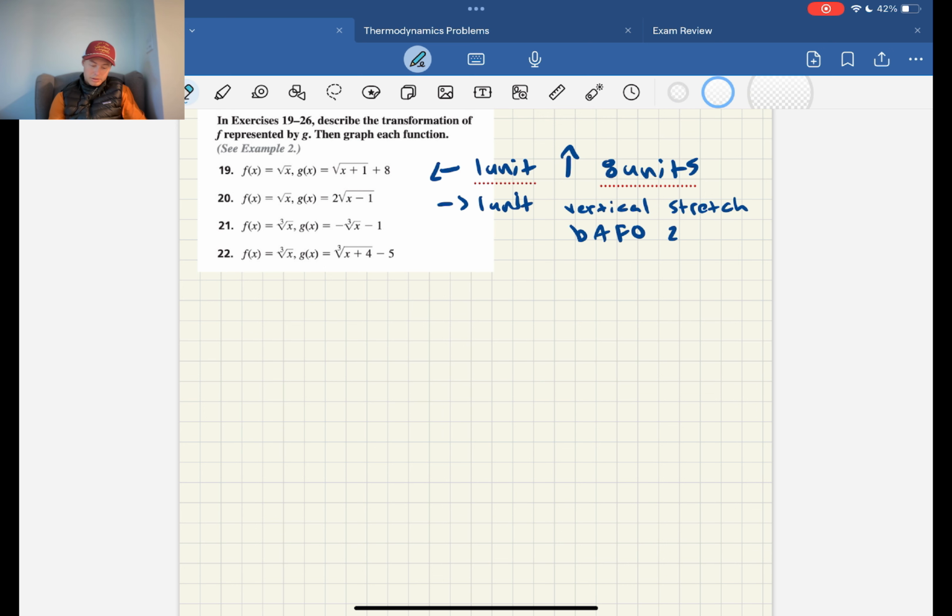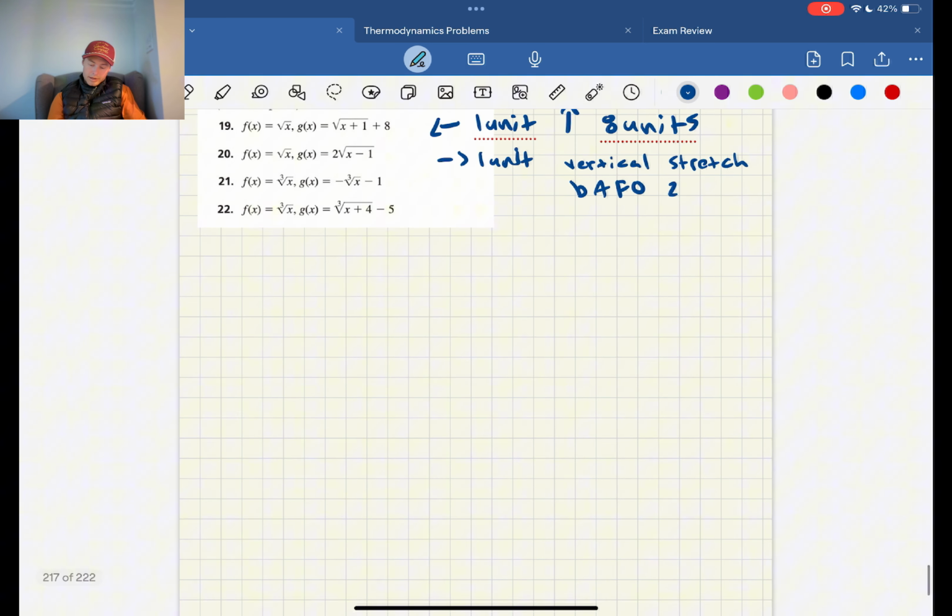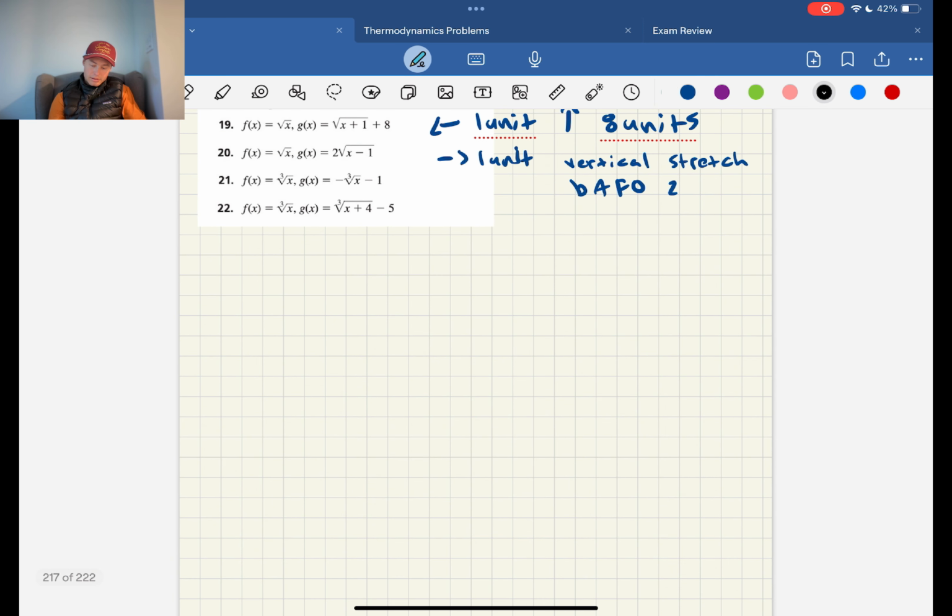We'll graph that one just so you can see. Let's actually start by graphing that one now. Okay, so I'm going to graph both the parent function and the new function. All right, so the parent function I'll do in purple.